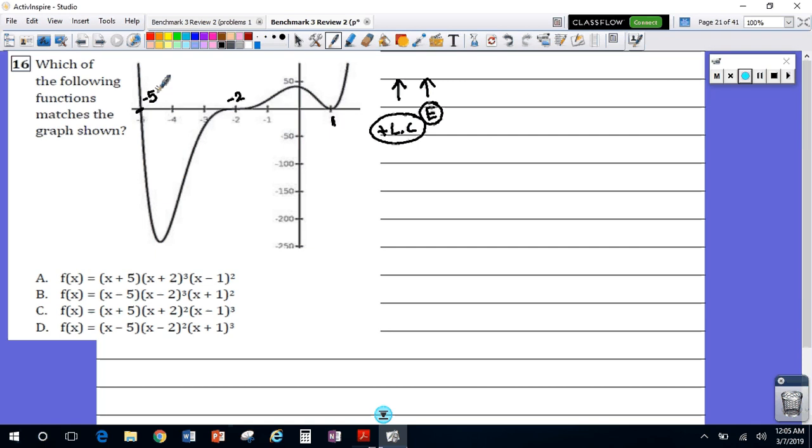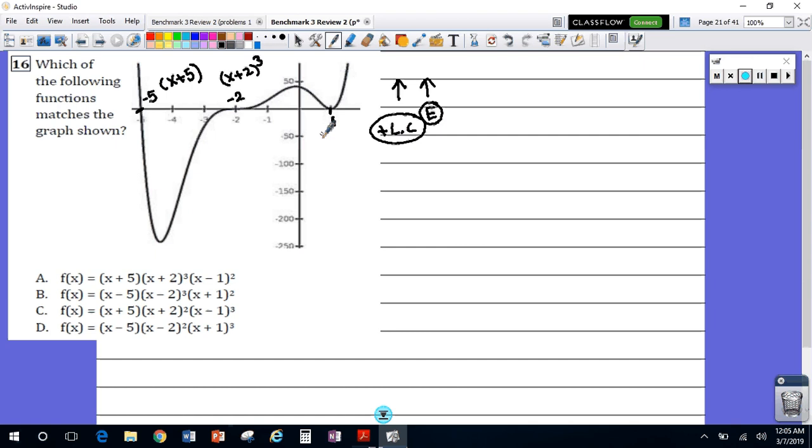So when it is going through, I can write this point in factor form as x plus 5, and it is more flat and going through, so this will be x plus 2 to the exponent 3, right? And here it is bouncing back at 1.